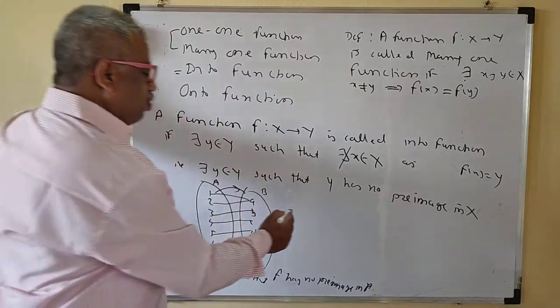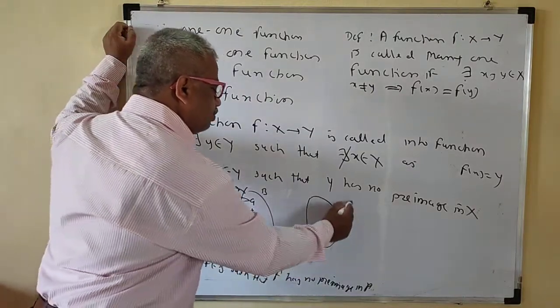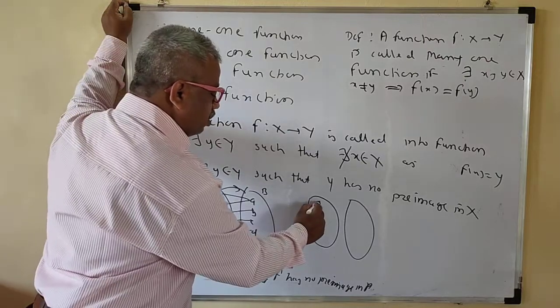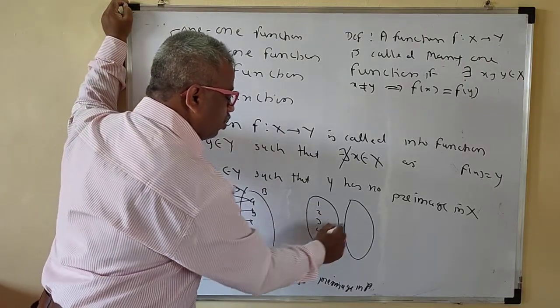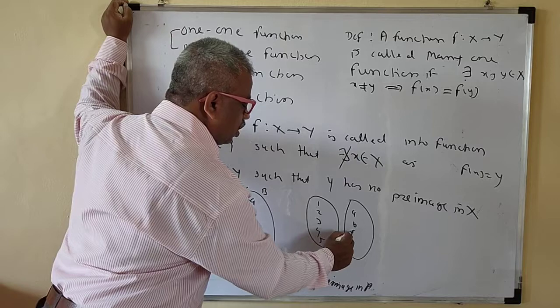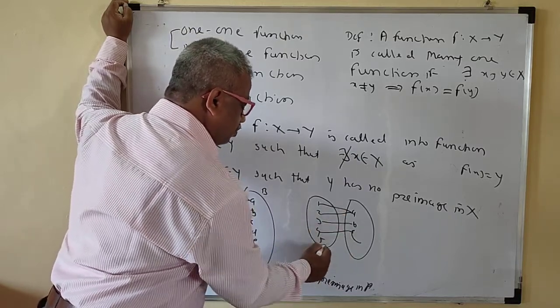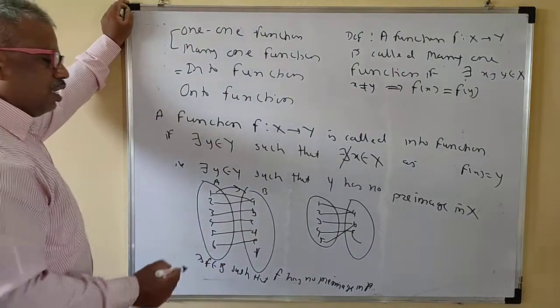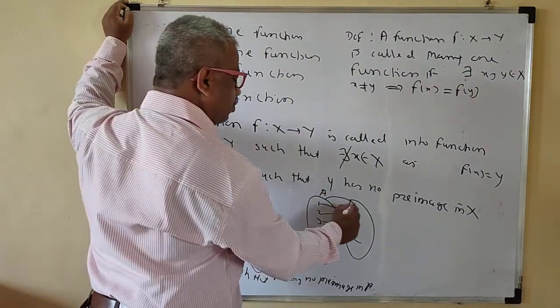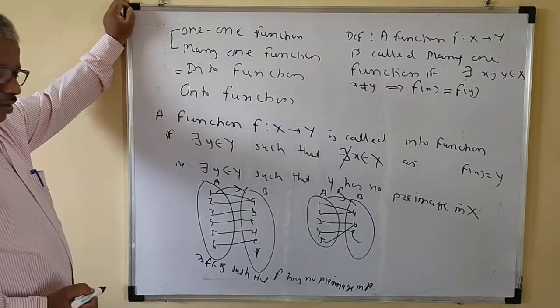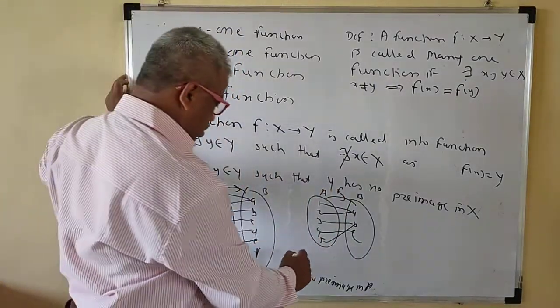Now if you consider this: 1, 2, 3, and A, B, C, and if you draw like this, this is a function, but this is not an into function.